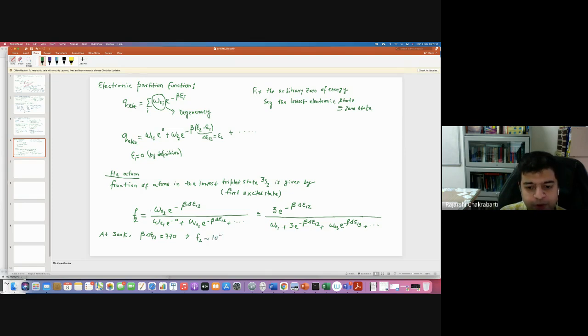It is 10 to the power of minus 334, almost 0. Even if you go to a very high temperature, say 3000 Kelvin, the value of f2 is still very small. It is 10 to the power of minus, I think, 33. Still small.